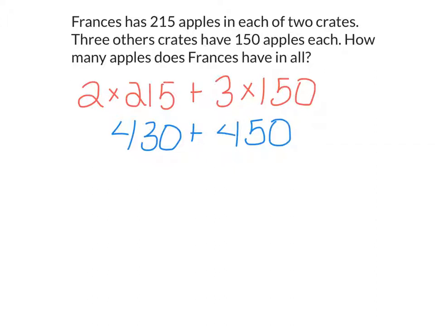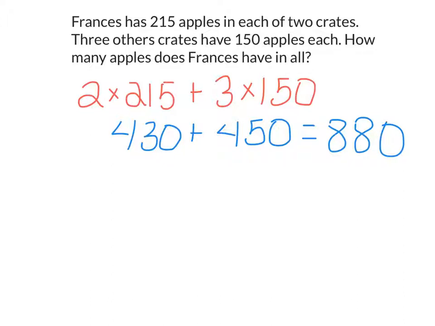So we've done our multiply first, and now all that's left is to add. 430 plus 450, which would equal 880. So Francis has 880 apples in all. So our first step was to multiply. We didn't have any parentheses, we didn't have any exponents, so we started right out with multiplication, and then we went into addition after that.